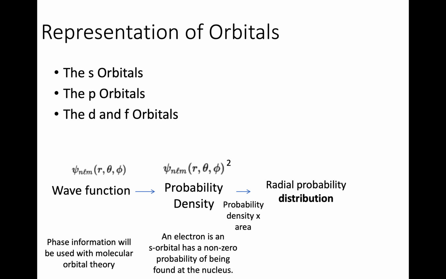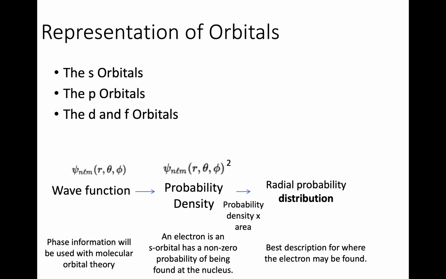For the probability density, one thing that illustrates is that an electron in an s orbital has a non-zero probability of being found at the nucleus. Electrons, when they're in s orbitals, can be found at the nucleus. The p orbital has an angular node there, so it cannot.